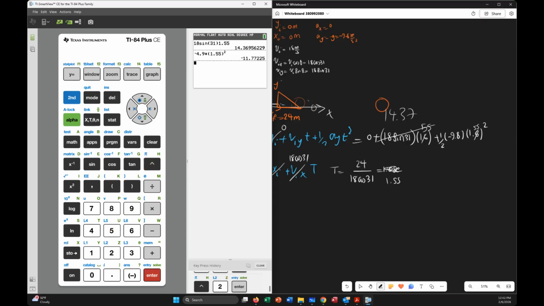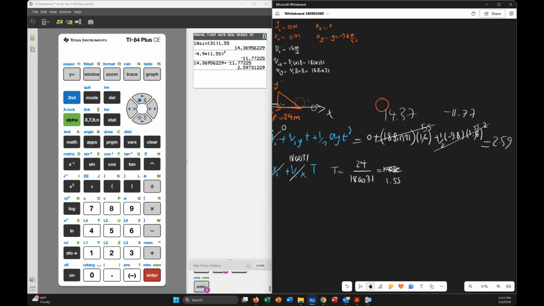It's going to be negative 11.77. Good? So again, what I do is just add these two, plus 0, and it's going to be 2.59.